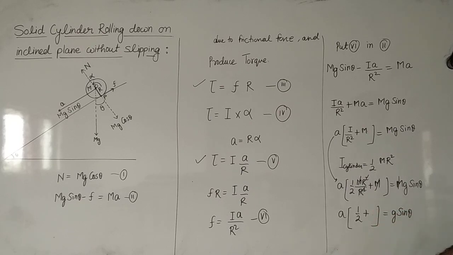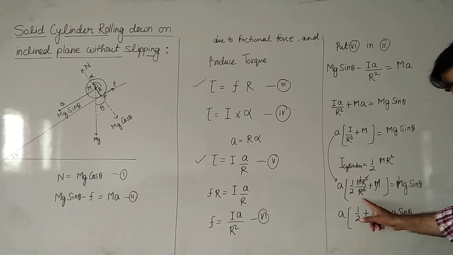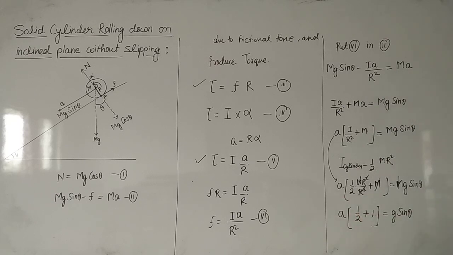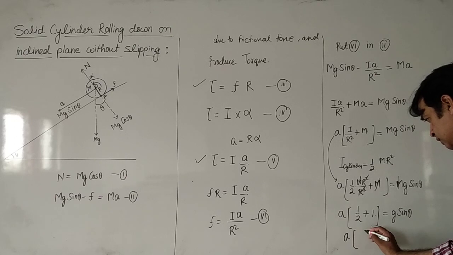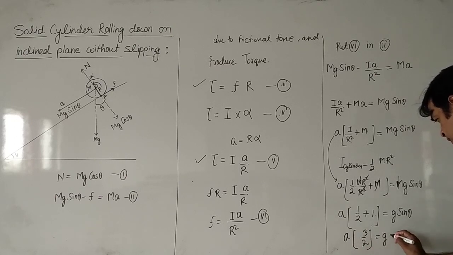So the equation is (half plus 1) a equals g sin theta. Please note down. Now solving the sum of these values, so 3 by 2 a equals g sin theta. Okay, please note down.